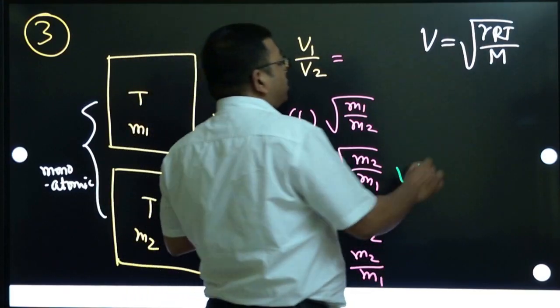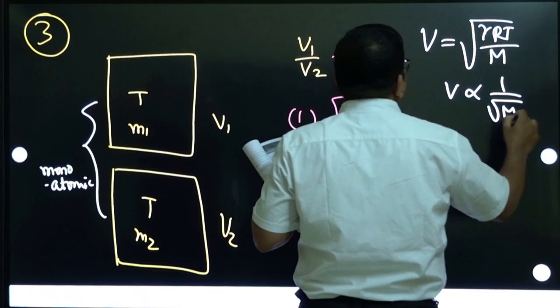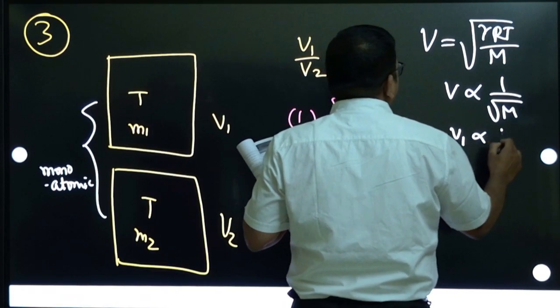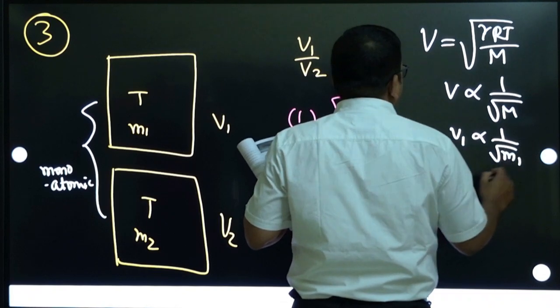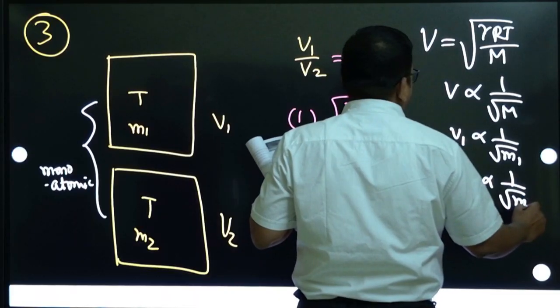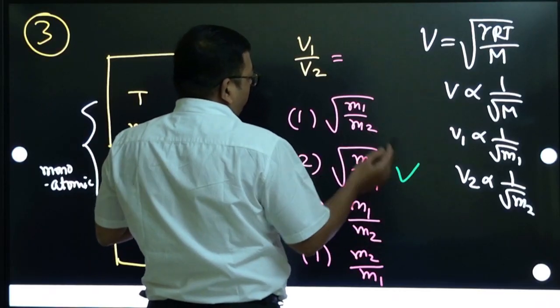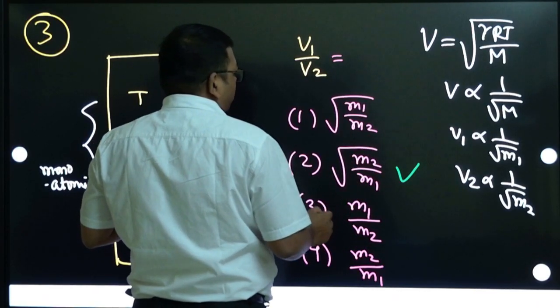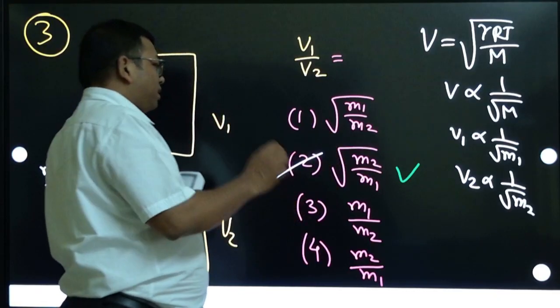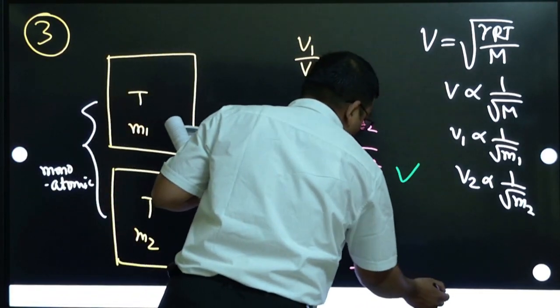So speed is inversely proportional to root of molecular mass. V1 is proportional to 1 by root of M1, V2 is proportional to 1 by root of M2. When you take the ratio, it will come root M2 by M1. Correct, that is the right answer. Okay, let us go to the next question.